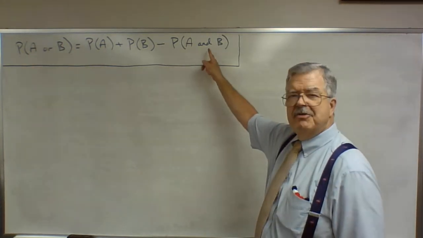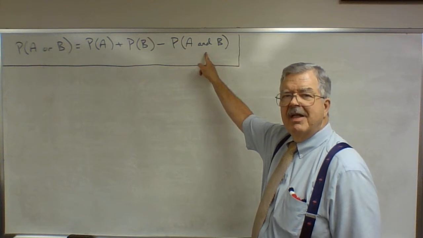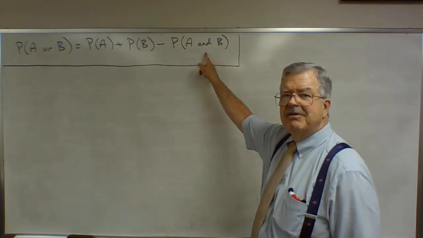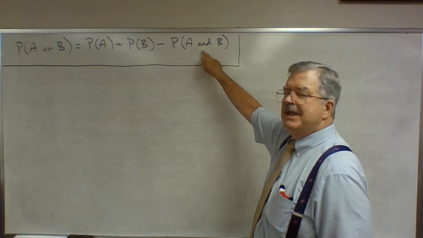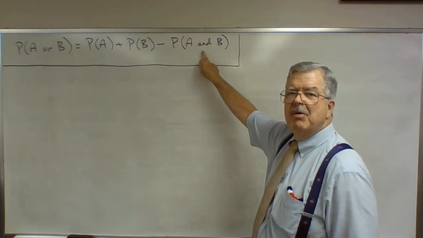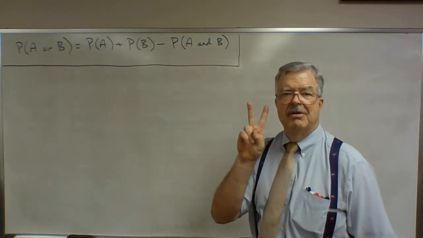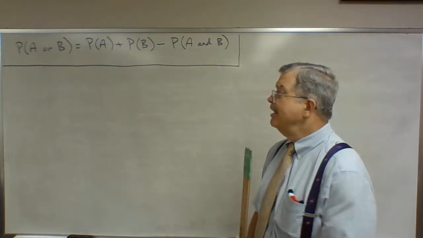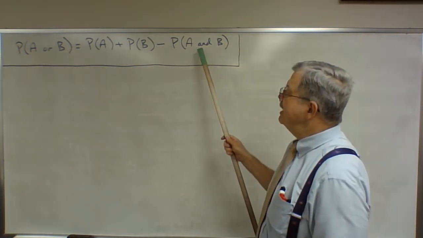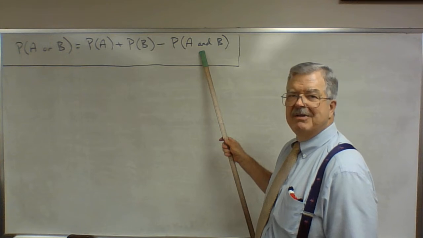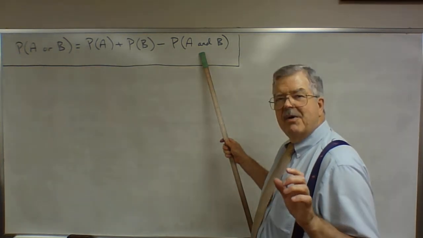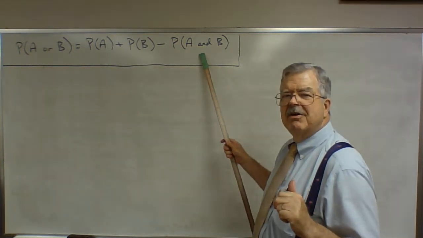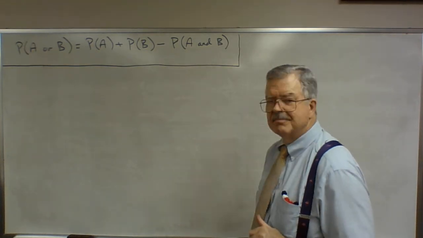And why do we subtract this? If we don't subtract this, we're going to be counting the outcome that both A and B occur twice. So this is just to make sure that we don't count the outcome in which both A and B occur more than once.